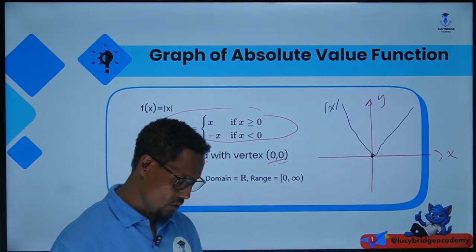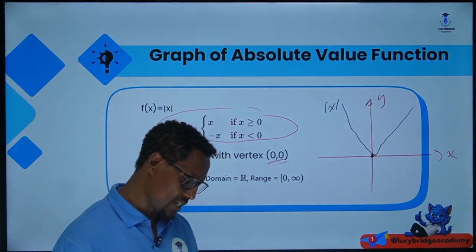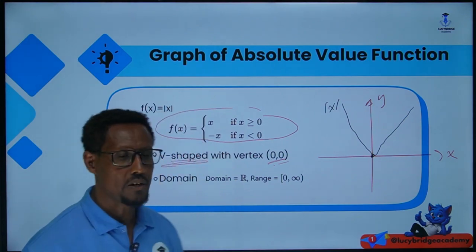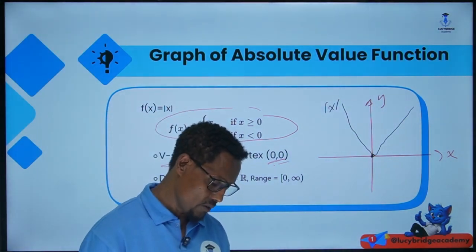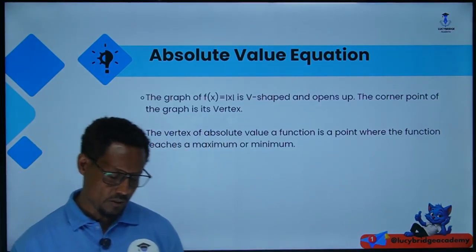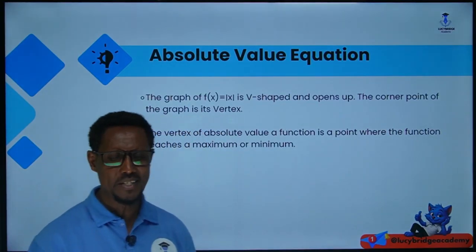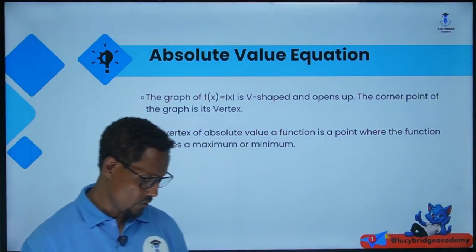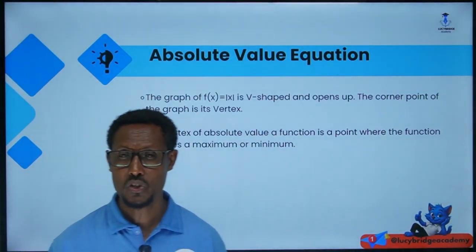The domain is the set of all real numbers, whereas the range is greater than or equal to 0. The graph of f of x equal to the absolute value of x is V-shaped and opens up. The corner point of the graph is its vertex, which is 0, 0.